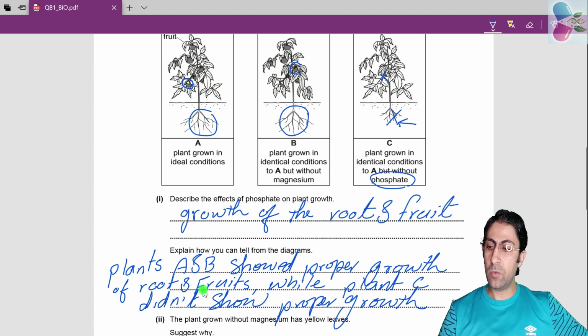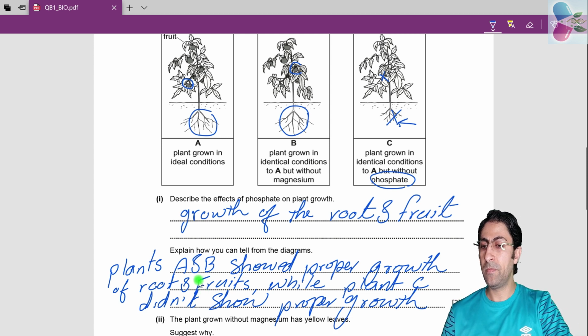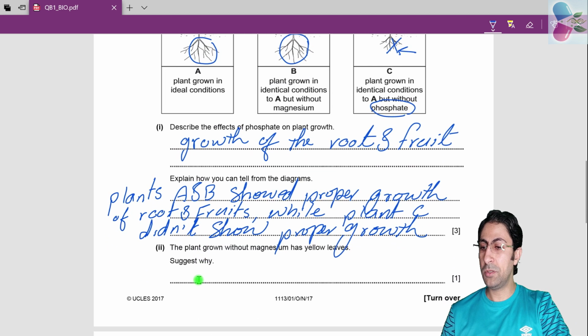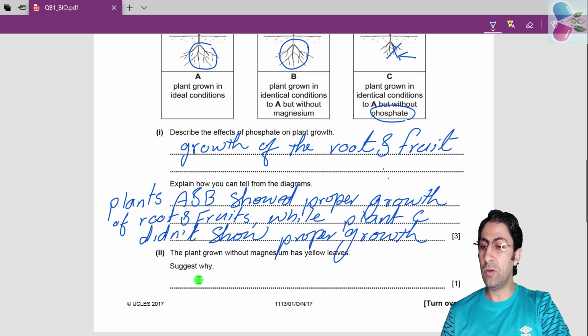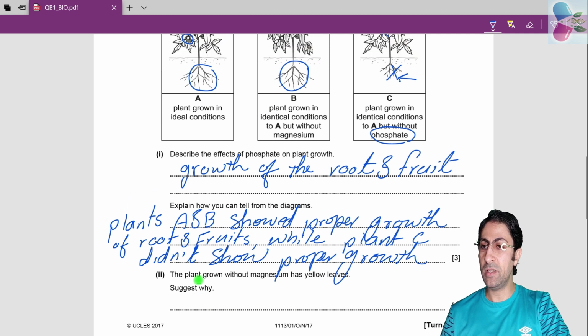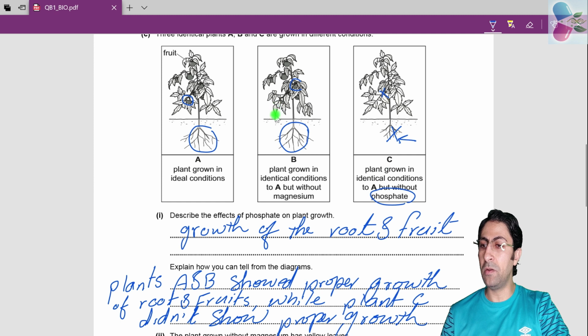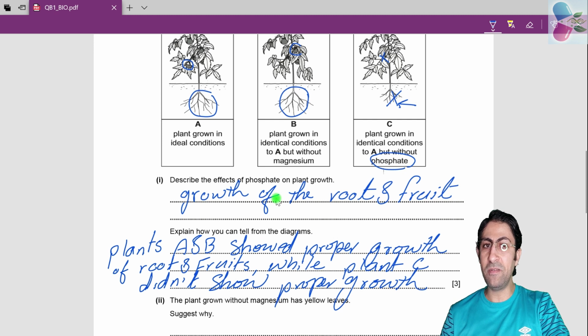Okay, if you proceed to the same paper, the last question. The plant grown without magnesium has yellow leaves. Yes, you can tell here that the leaves are not like the leaves in plant A due to the lack of magnesium. As you know, magnesium is very important, especially for the production of chlorophyll.